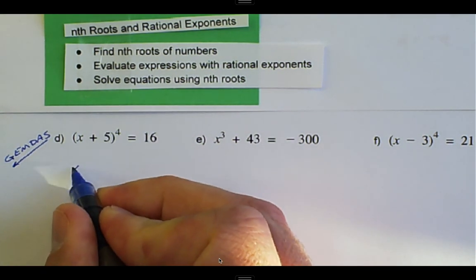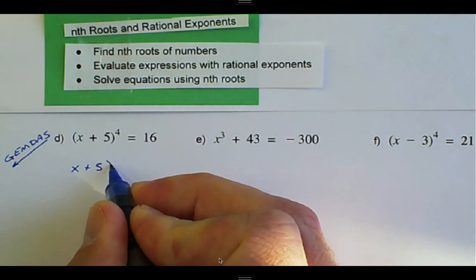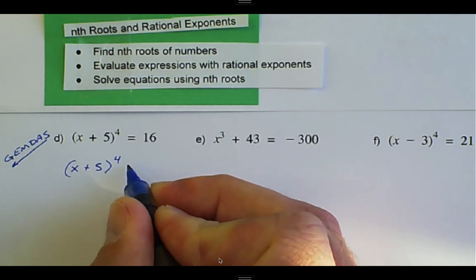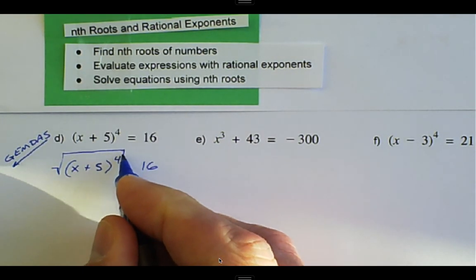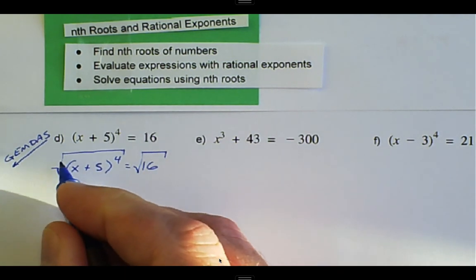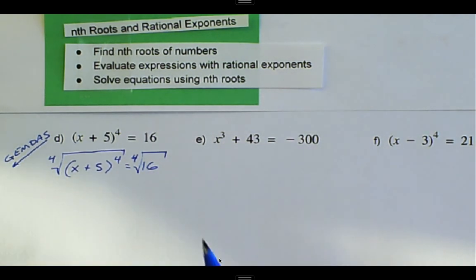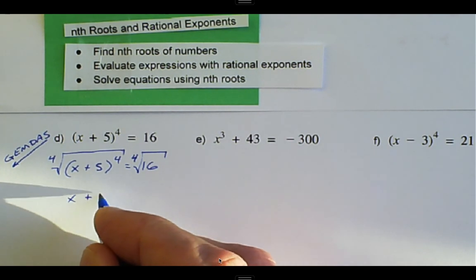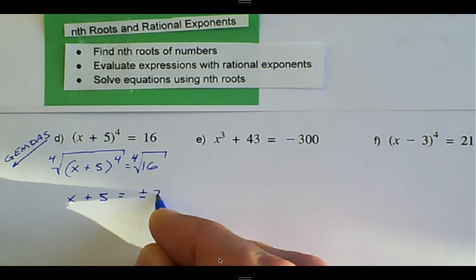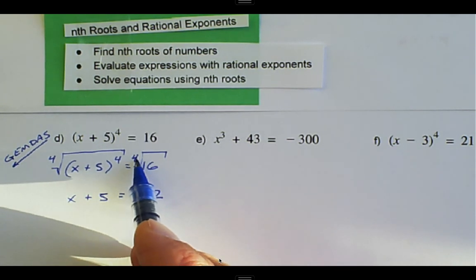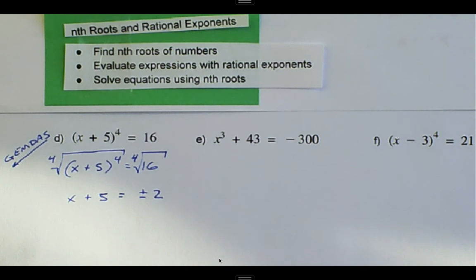So I'm just going to rewrite this. x plus 5, the whole binomial, raised to the 4th power equals 16. And we can take the 4th root of both sides. In that case, it gives us x plus 5 equals plus or minus 2, because we're taking the even root.